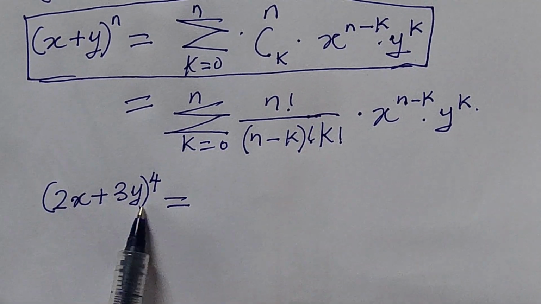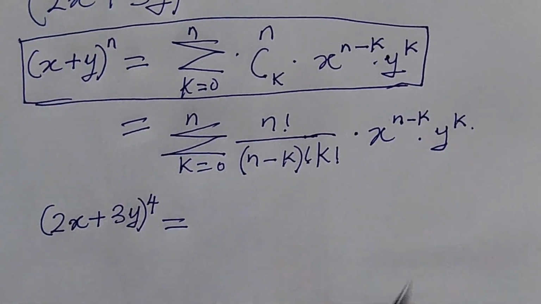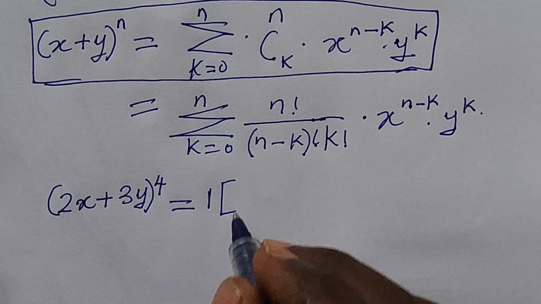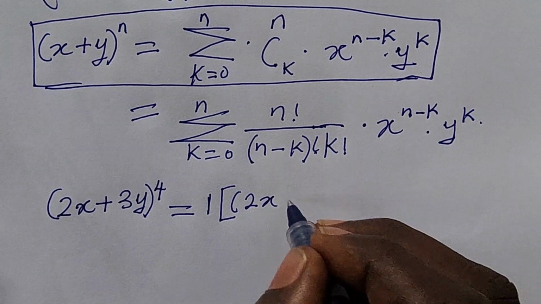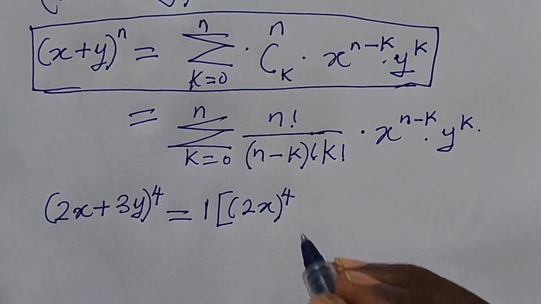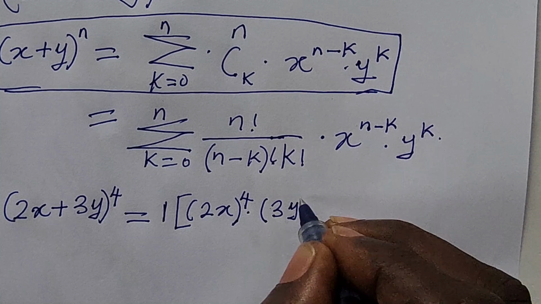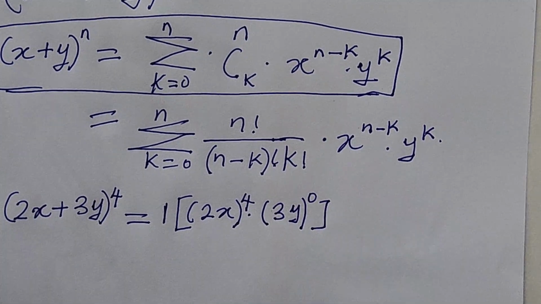So if we are to expand this, the first term is our 1, the coefficient. So this will now give us here 1 times [(2x) to the power of 4 times (3y) to the power of 0].